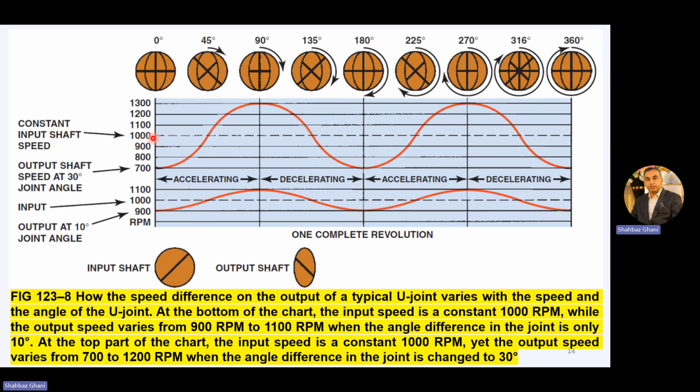Same input speed, but the angle of the output joint is changed to 30 degrees, so the fluctuation is from 700 to 1300 RPM. Increasing, decreasing, increasing, decreasing. So twice it is changing in one revolution. This is how your universal joint varies the speed if there is some angle.